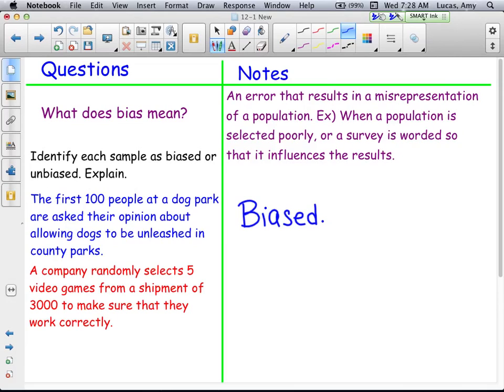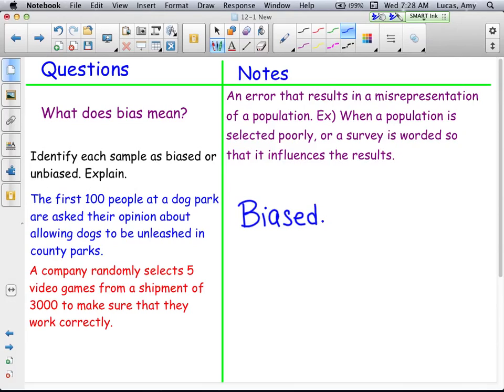That's why they're at a dog park. So going to a dog park and asking the first 100 people this question isn't going to give you an idea of the entire population. If you went to a county park instead and asked all of the people that are at the county park, people with dogs and without dogs, that would be a better sample.